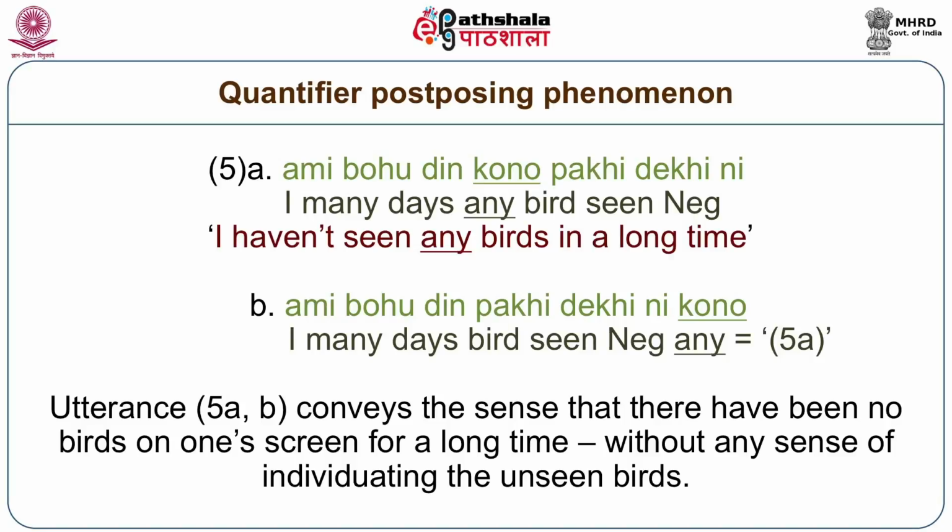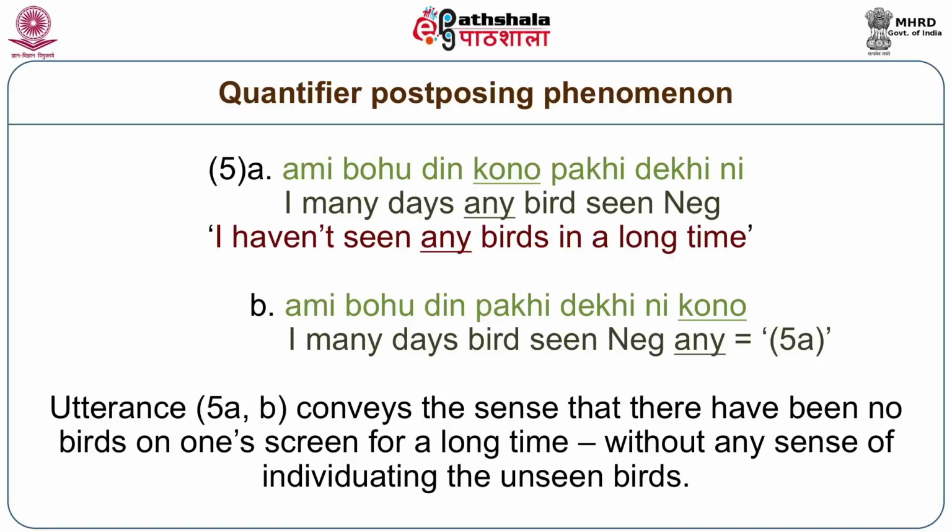It turns out I can move the word kono, which means any, to the extreme right of the sentence, producing from 5a the optionally different surface structure 5b: Ami bohudin pakhi dekhini kono. I, for a long time, bird, haven't seen any, which is not possible in English. You can't put any on the right in English.